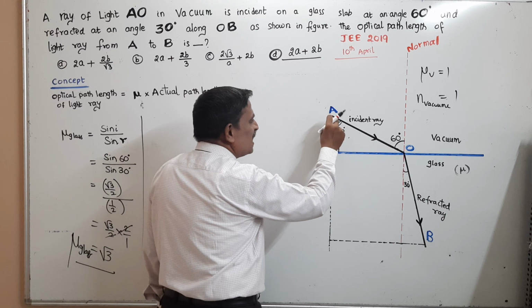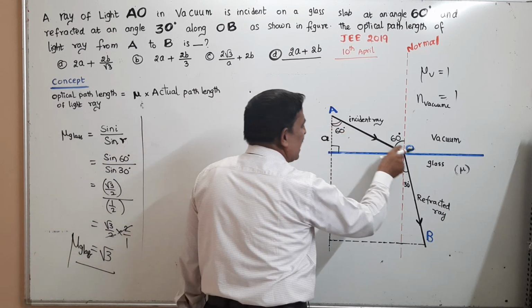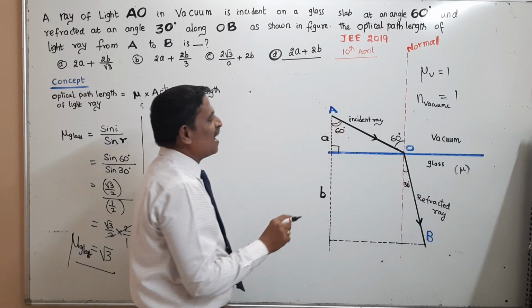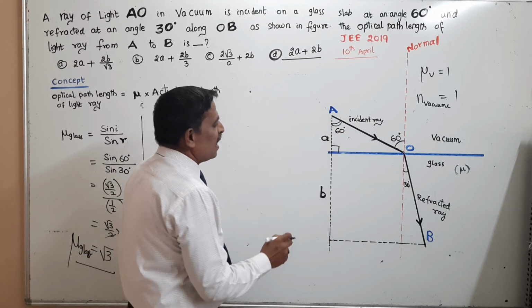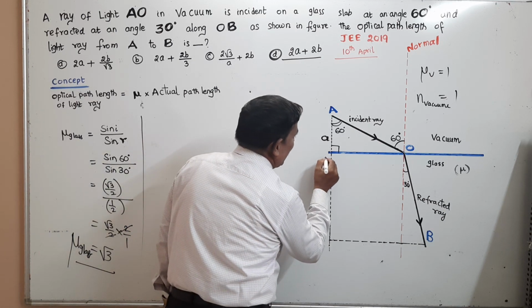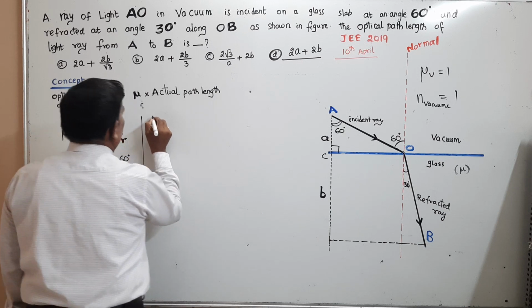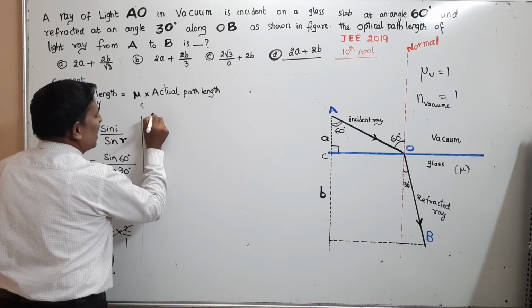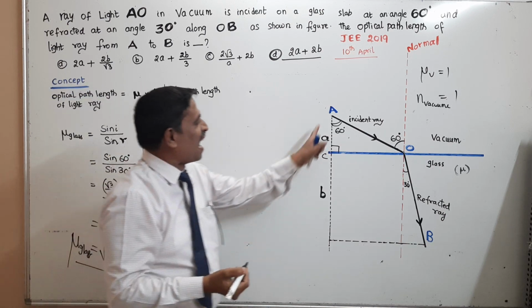Now we know this distance is given as small a. It is AC. This is 60. In this right angled triangle, I am taking this point as C. ACO is a right angled triangle.